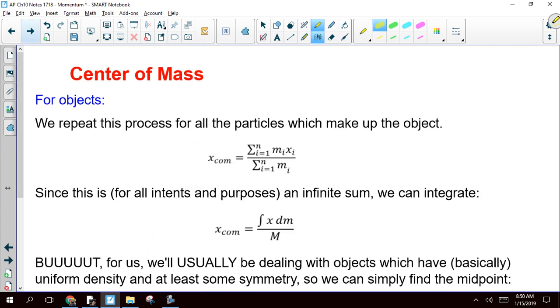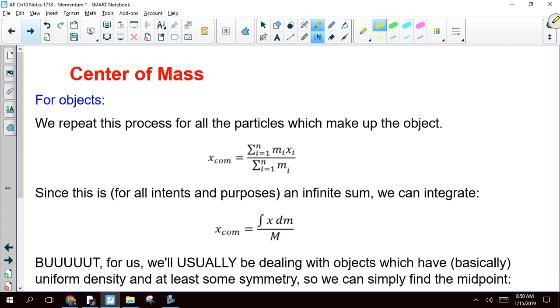All right, now, for objects, the problem is your objects have not an infinite number of particles, but a super gigantic number of particles, right? Like if you wanted to find the center of mass of a meter stick, a meter stick has a bazillion molecules in it, right? And so basically you're repeating the process for all of the particles, which becomes cumbersome.